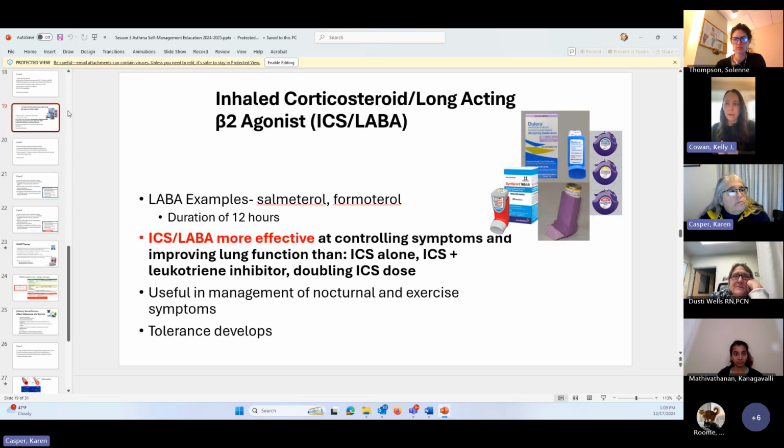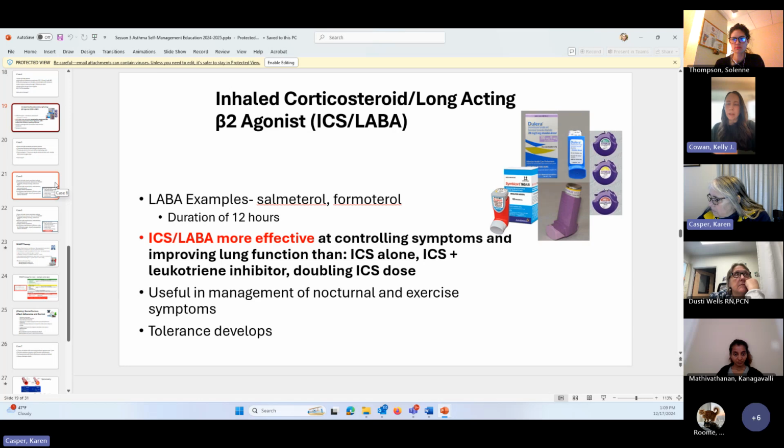So next steps for this child who's not well controlled with inhaled steroids alone. Typically the next best treatment is an inhaled steroid with a long-acting beta agonist. So you may see a child who, if they're having frequent symptoms and they're on inhaled steroids alone, you're thinking about, are they taking the device correctly? Are they taking it?